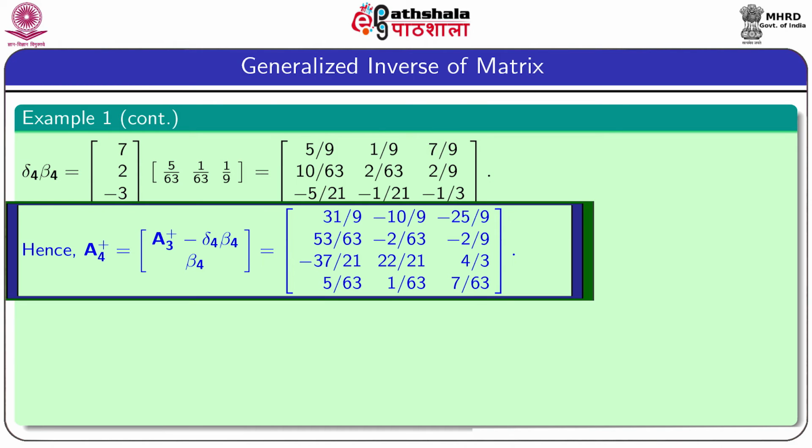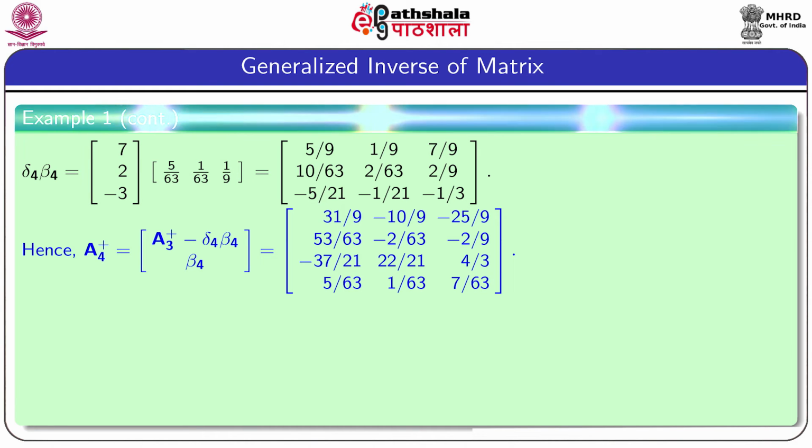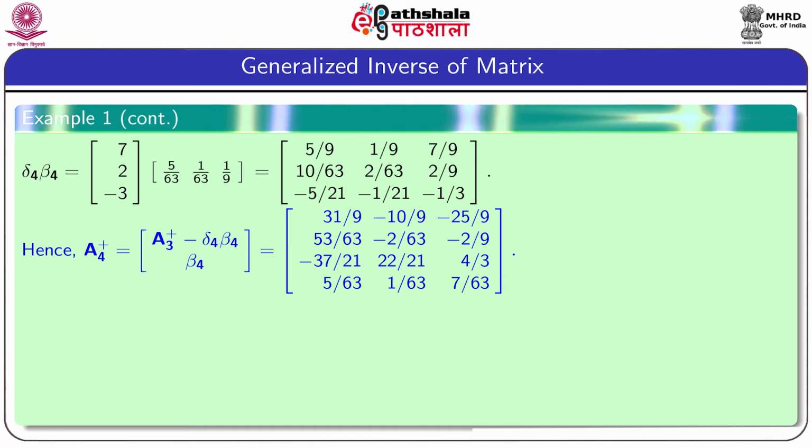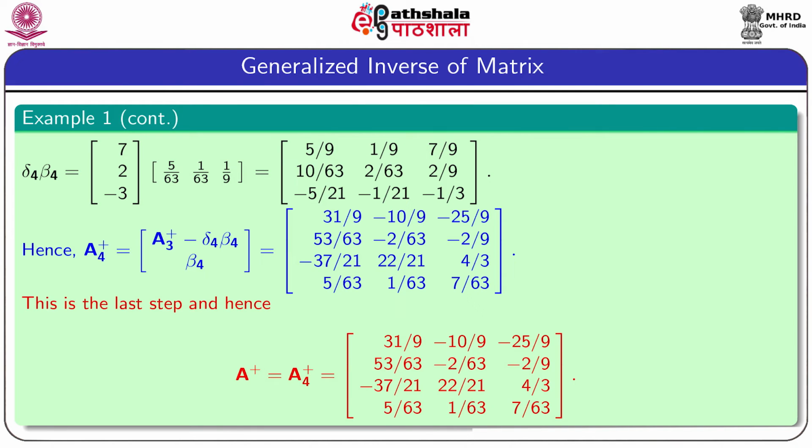Hence, we calculate A4 plus, that means the Moore-Penrose inverse of the submatrix A4, which is equal to A3 plus minus delta 4 into beta 4, and the second row is beta 4. After substituting the values of all these elements, we obtain a matrix of order 4 by 3 whose first row is 31 by 9, minus 10 by 9, minus 25 by 9.